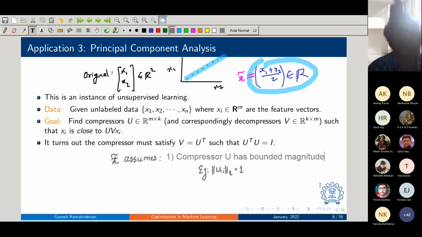A second assumption, which is still very common sense but might require a little more thinking, is that if you're going to use U for transforming a point, now let me use a slightly different notation instead of x1, x2, which correspond to the coordinates here. Let's look at vectors v1, v2.